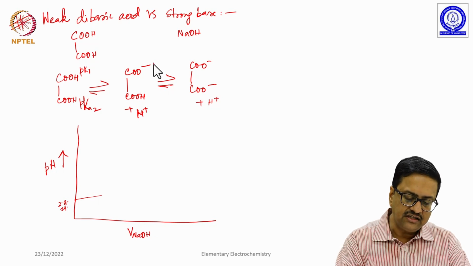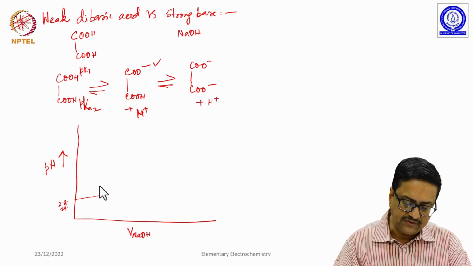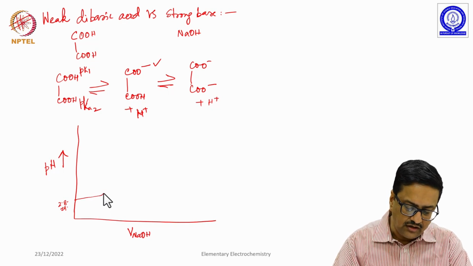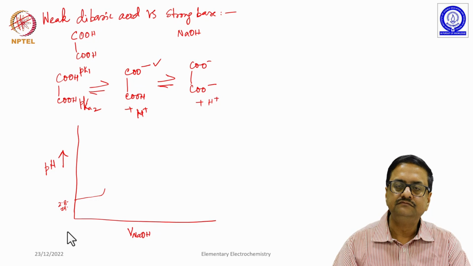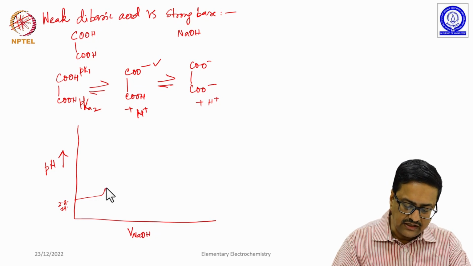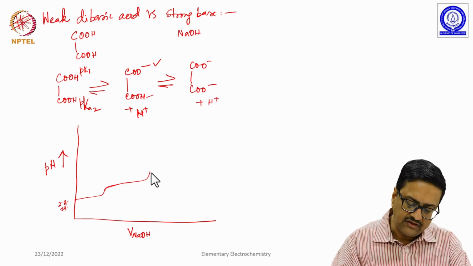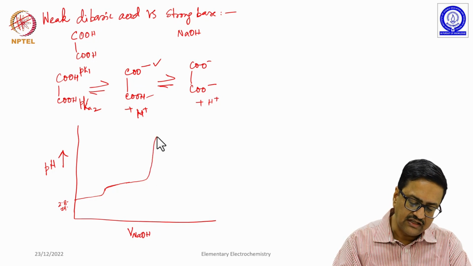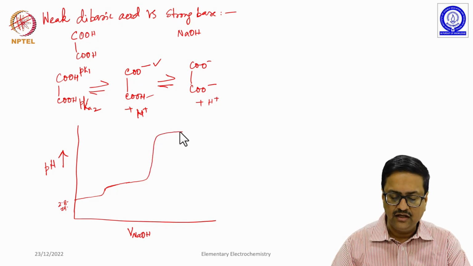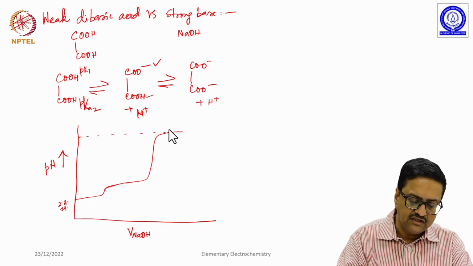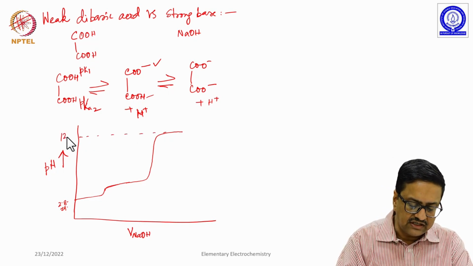When it reaches the neutralization of the first acid, it will increase a little, and then again slowly increase till the second H plus is neutralized, and at that point you will get a solution of NaOH, which has a pH of 12 to 13.